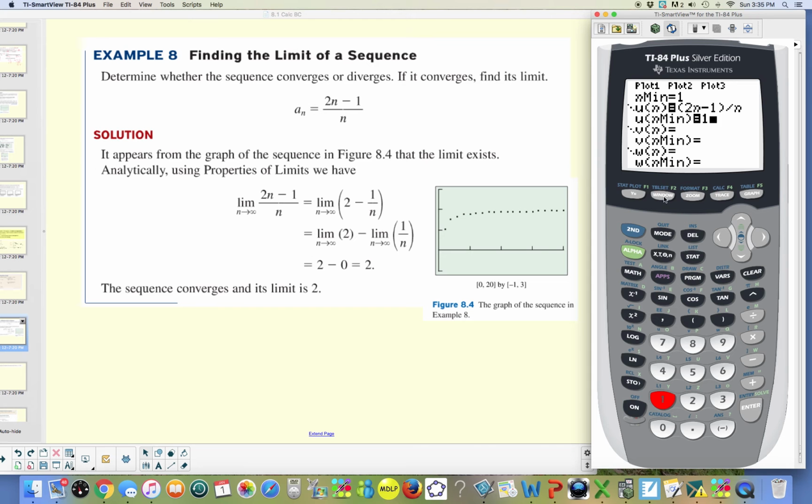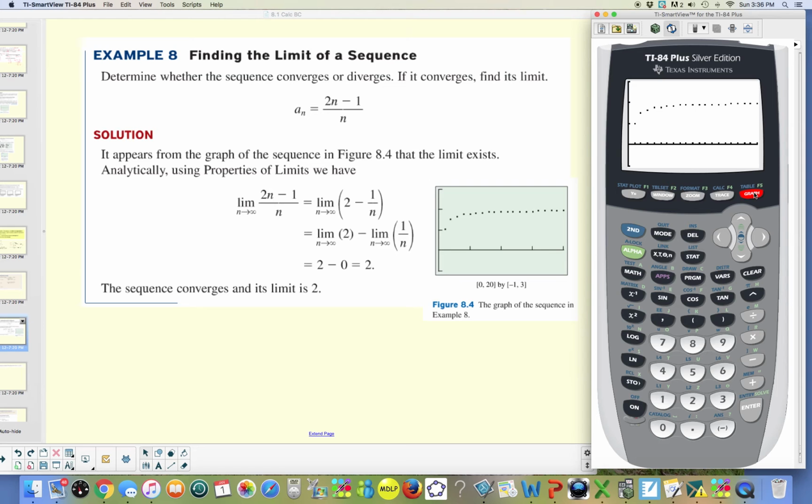I'll change my window, 0 to 20, and then down here, I'm going to go from -1 to 3 by 1. And we'll go ahead and graph.